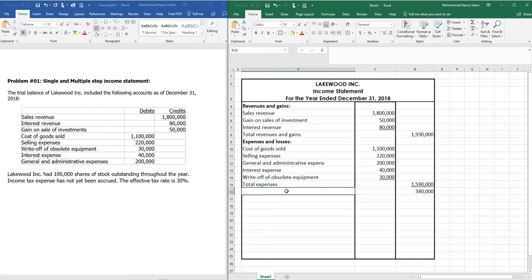So this is our income before income taxes.